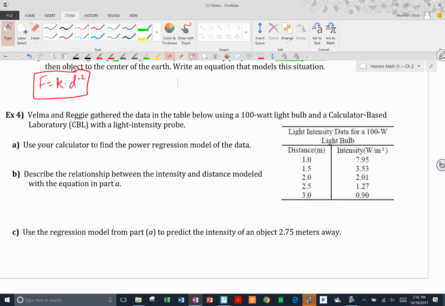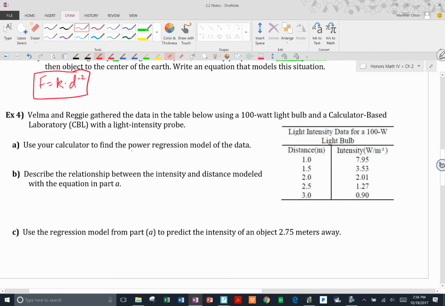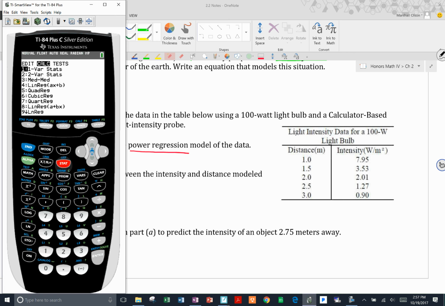All right, and the next one here, they want us to do some regression. This is a power regression, so it's the same thing that we've done in class before with regression. Instead of linear or quadratic, it's just power regression now. So we want to put these lists into our calculator, into list 1 and list 2.